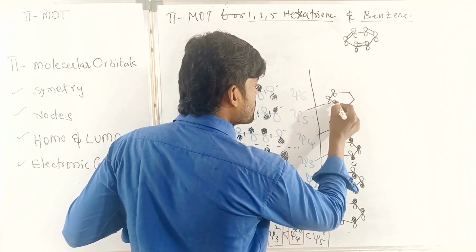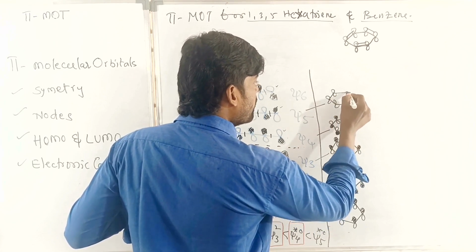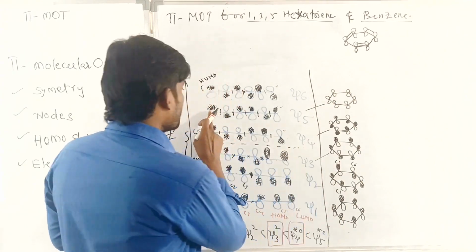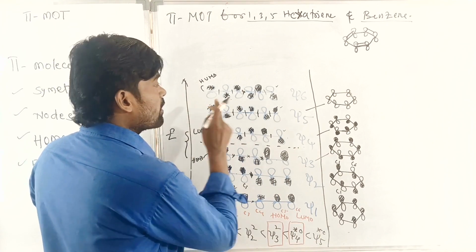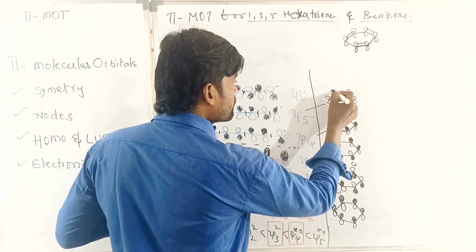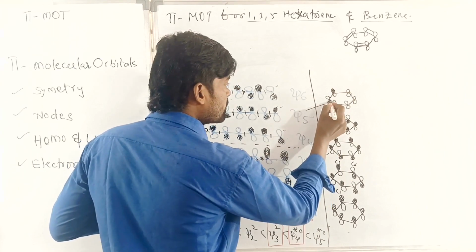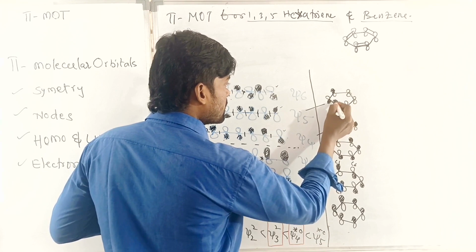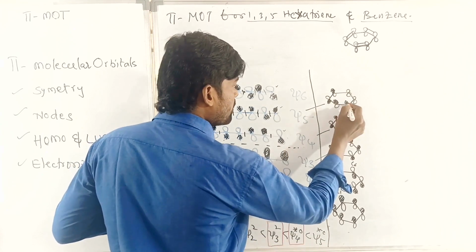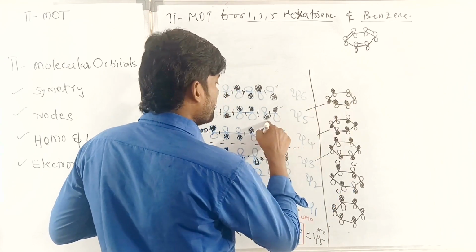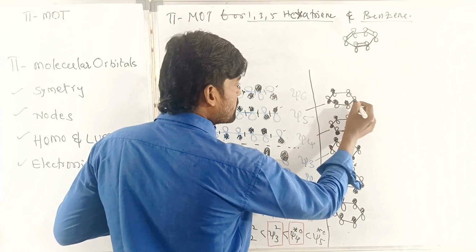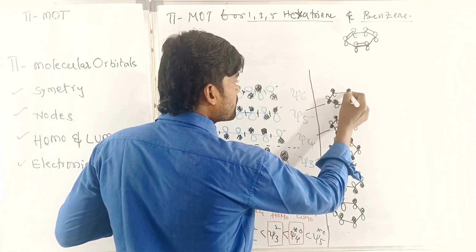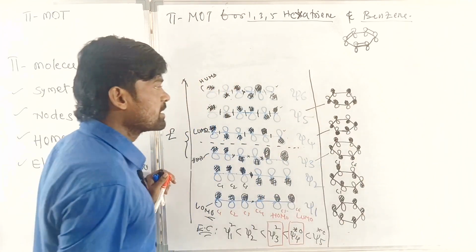Psi5. C1, C2, C3, C4, C5, C6. C1 upside, C2 downside, C3 upside, C4 also upside, C5 downside, and C6 upside.